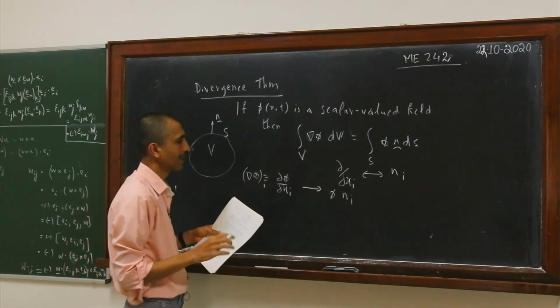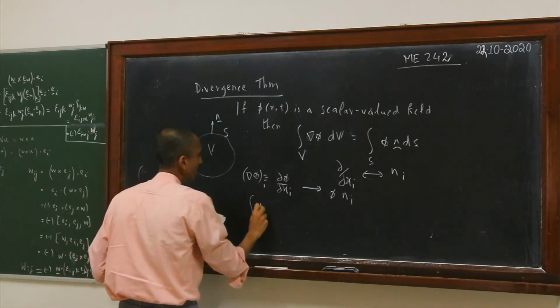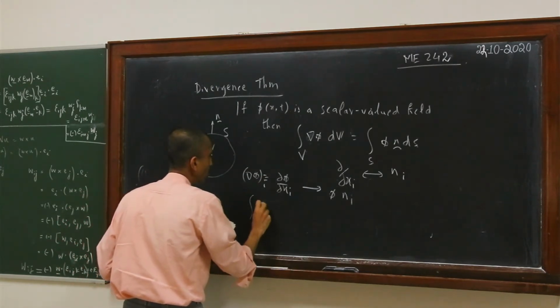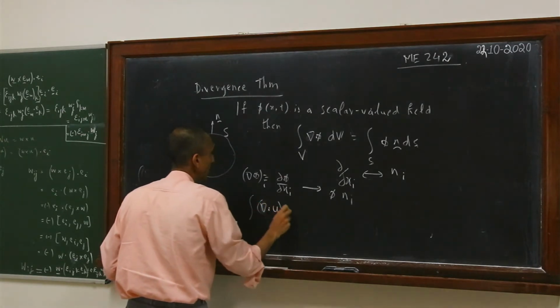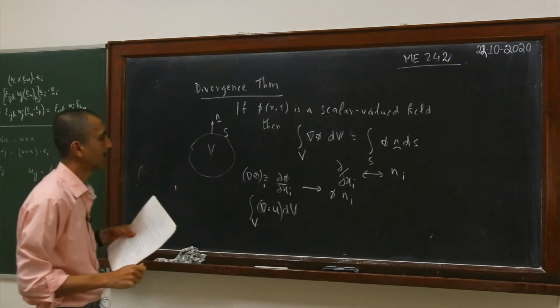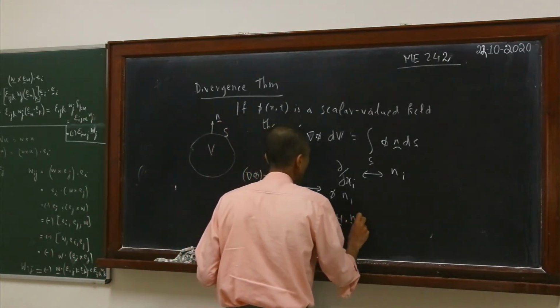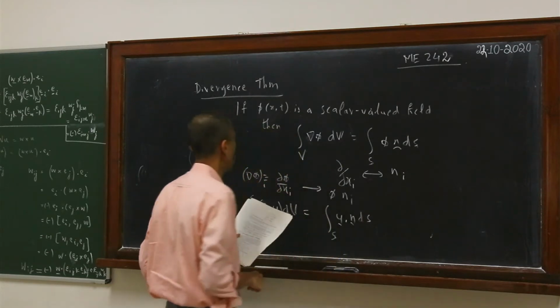So let me give you another example by which this will become clear. Suppose I wanted to write the Gauss divergence theorem for del dot u. So del dot u times dv over v, then what we get is u dot n times ds over s.